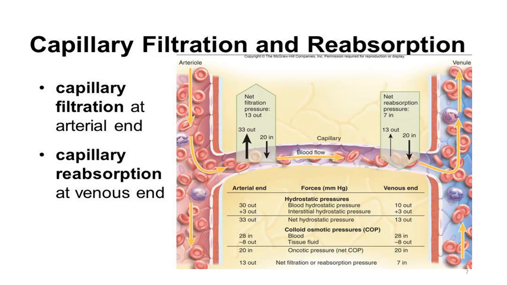The difference is 2 milliliters. So in total, in the capillaries of our body, 2 milliliters of fluid goes to the interstitial fluid, and this extra fluid will be absorbed by lymphatic vessels and the lymphatic system that we will discuss in future.